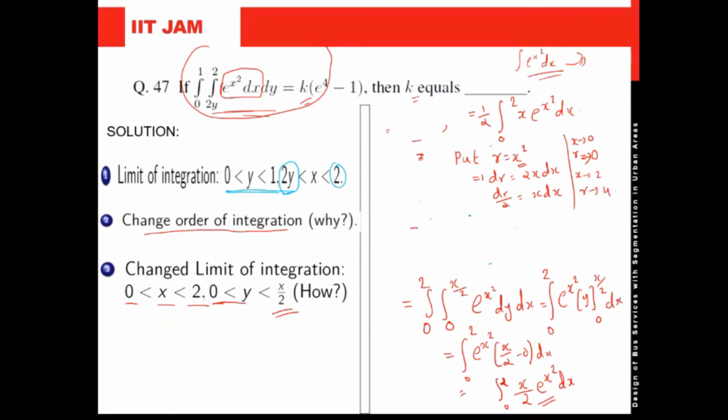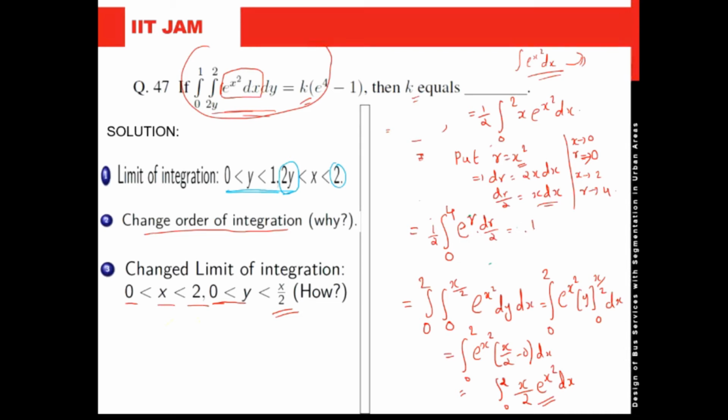Our range of integration is between 0 to 4, and there is 1 by 2 there, 1 by 2 times e raised to r, since x square is r, into x dx.